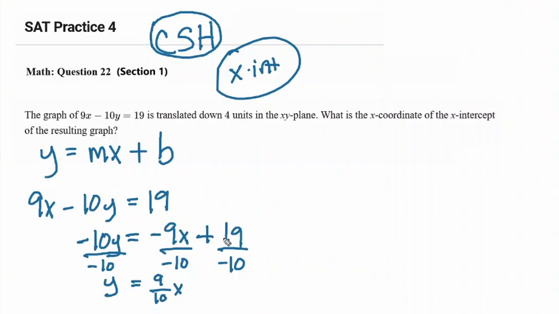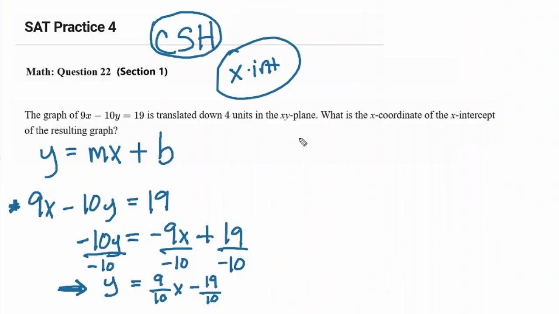And then it's 19 over negative 10, so it's minus 19 over 10. All right, this line right here in y equals mx plus b form looks like this. If you can get here, you can get this problem right.